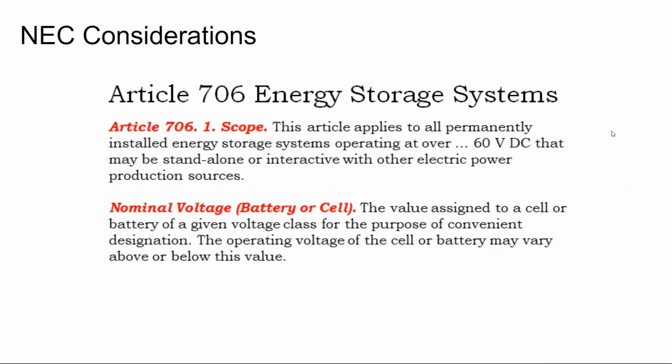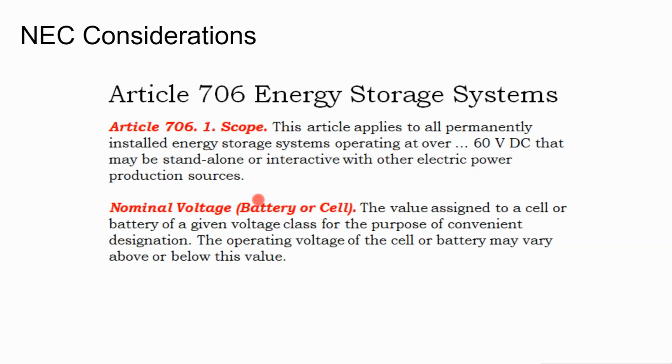Let's see. So then there's a section of National Electric Code that applies to battery banks that are over 60 volts, such as lithium-ion battery banks. What can get a little bit confusing is that a 48-volt battery bank will actually operate at 53 or 54 volts, not 48.